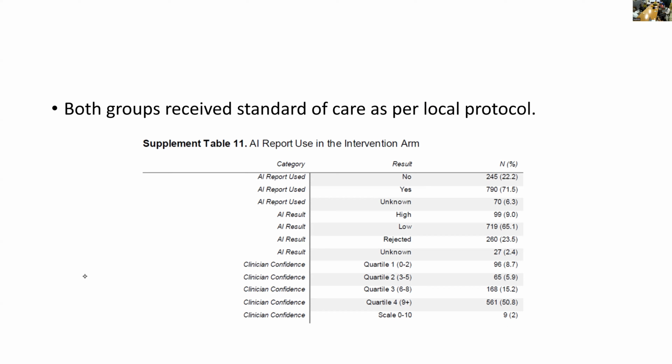This is the first time the cardiologist said, no, I don't agree with the AI generation. The confidence is given by quantile, and most people seem to have 50.9% in quantile 4, so they seem to have some confidence in it. We can also ask the clinician, what do you think about this AI report? Do you agree or not? You can also report the statistics.